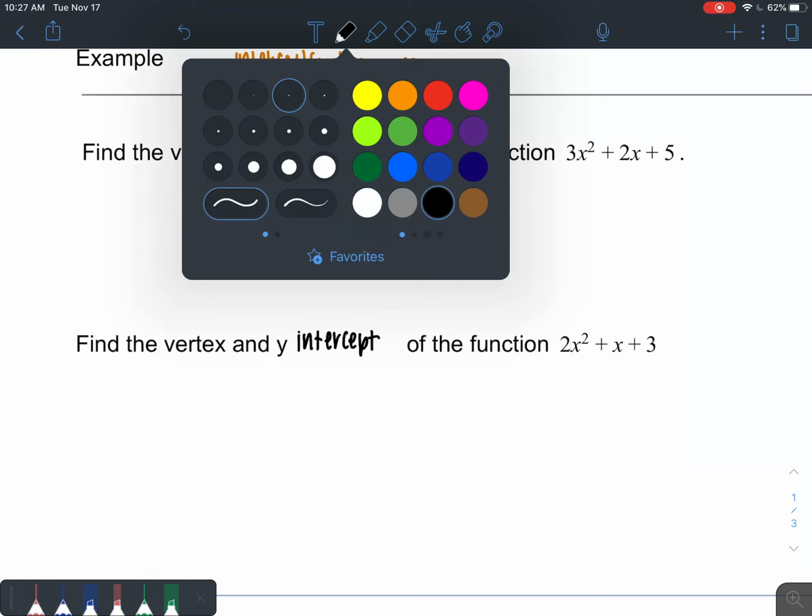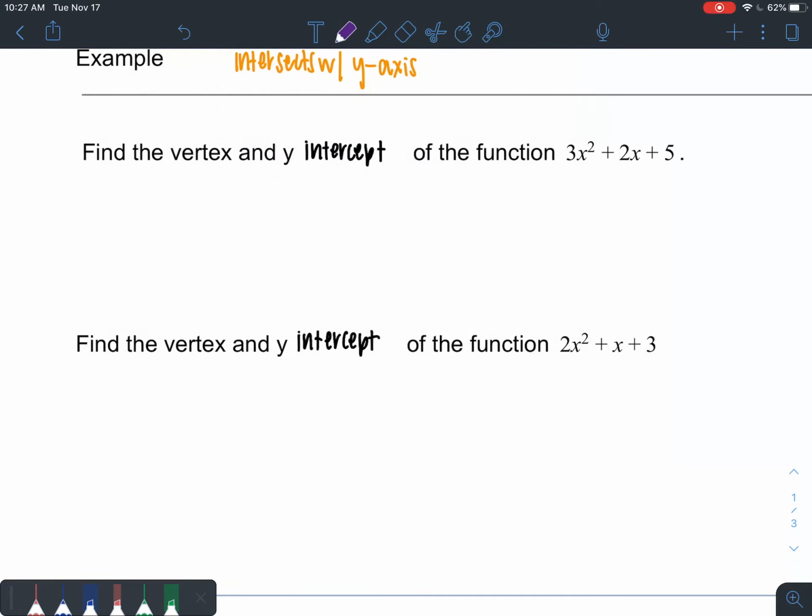Okay, so first I always like to write out what A, B, and C are. So A is the coefficient in front of the x squared, B is the coefficient with the x, and C is the constant, I should say. So then we want to find the vertex.